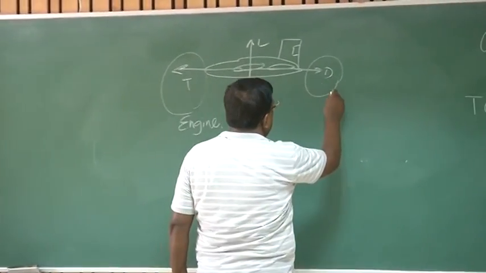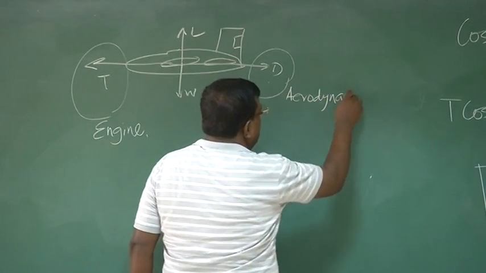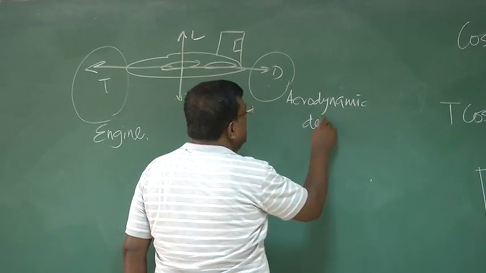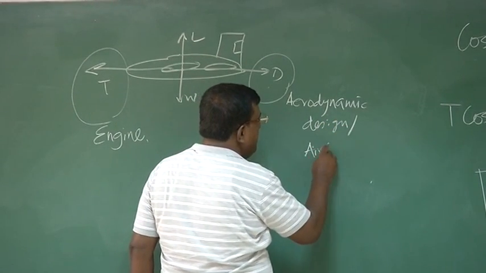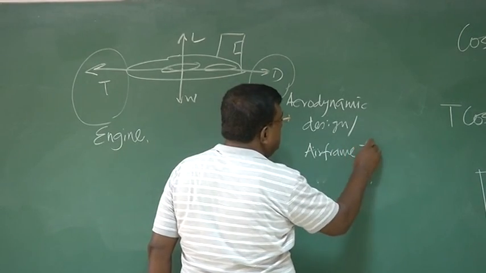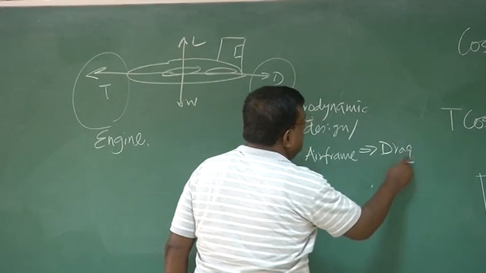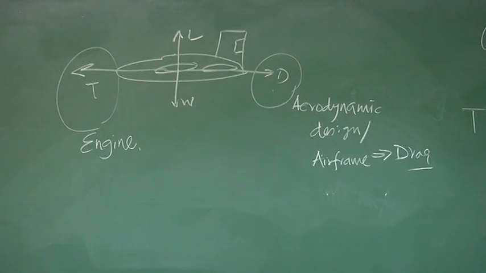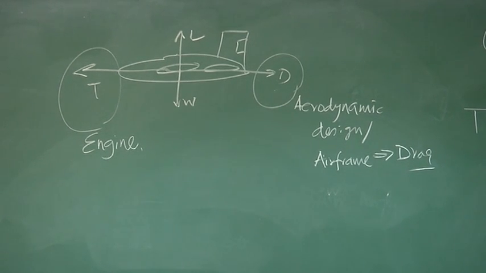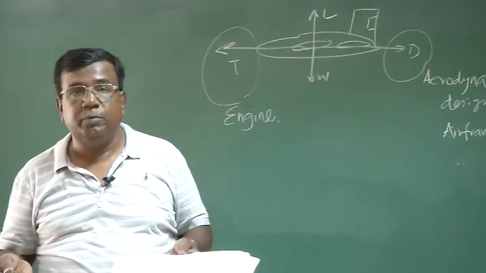So this is more governed by the aerodynamic design, airframe design. They actually contribute to drag in the sense that if I make an efficient airframe, I can have low drag. If I am making an airframe which is blunt, I will have more drag for a given speed, right?